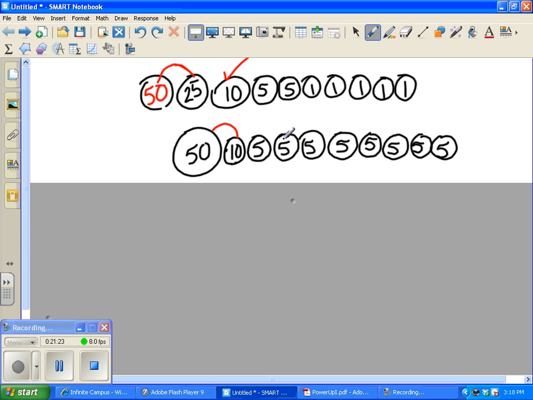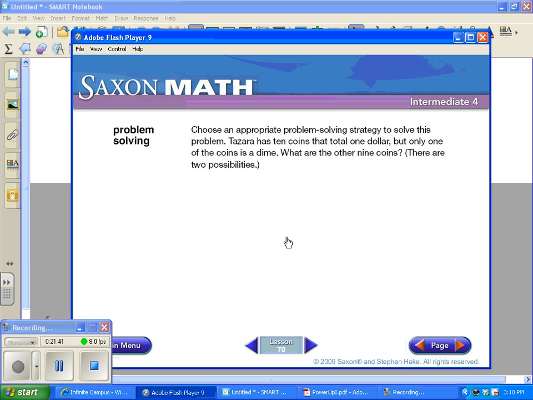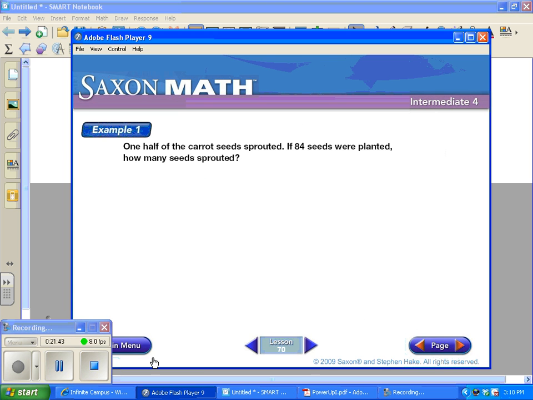And then I like to jump and pretend like I'm counting dimes again. So 60, 70, 80, 90, a dollar. And then I counted 1, 2, 3, 4, 5, 6, 7, 8, 9, 10. 10 coins, and one of those is a dime. So those are our 2 combinations. And I do believe, yes, we are finished.